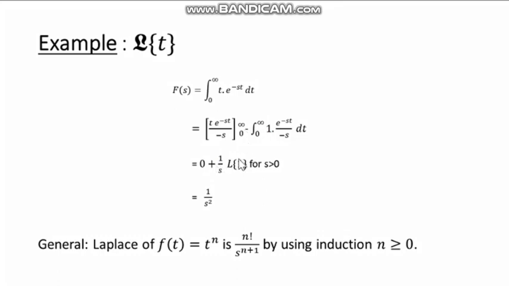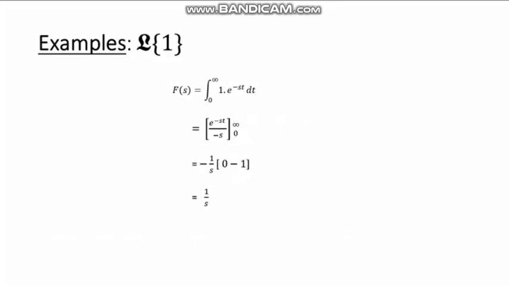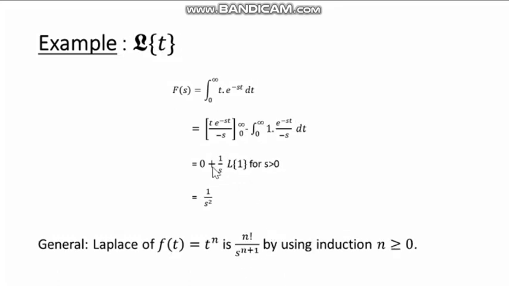So 1 by s into Laplace of 1. When you take this s out, what remains is integral 0 to infinity e raised to minus st dt, 1 into e raised to minus st dt, that is Laplace of 1. And that Laplace of 1 is 1 by s, which we have already seen here. So 1 by s into 1 by s will become 1 by s square.